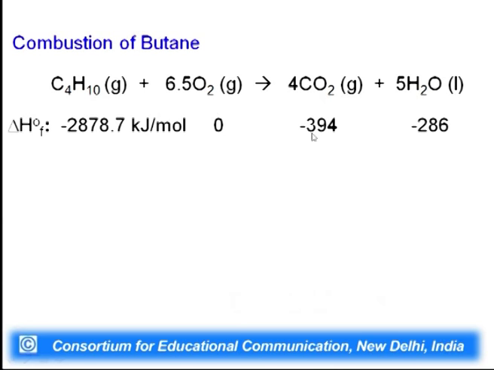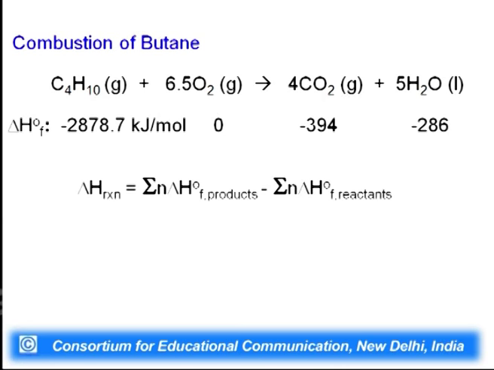CO2 delta H formation is minus 394 kilojoule per mole. For water in liquid form, it is minus 286 kilojoule per mole. So, we can calculate delta H of reaction, and the way we calculate is, first we multiply minus 394 by 4, then add minus 286 into 5, and then subtract minus 2878.